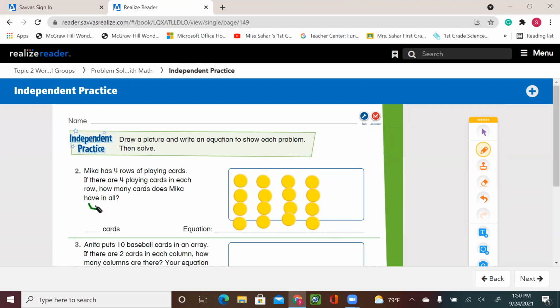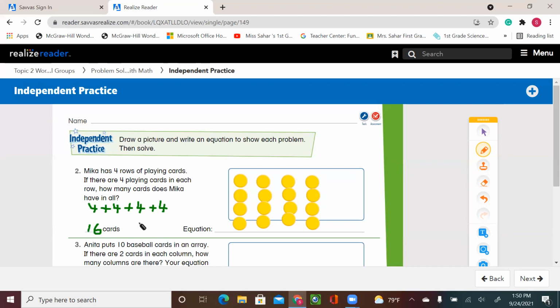So 4 plus 4 equals 8, and 4 plus 4 equals 8. I know my doubles. 8 plus 8 equals 16. So in all, they have 16 cards.